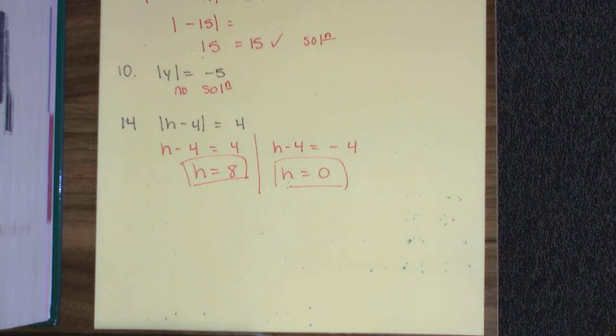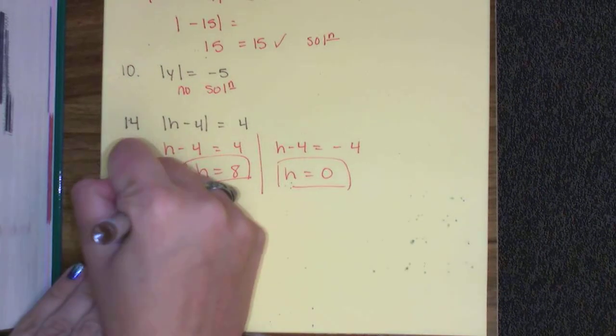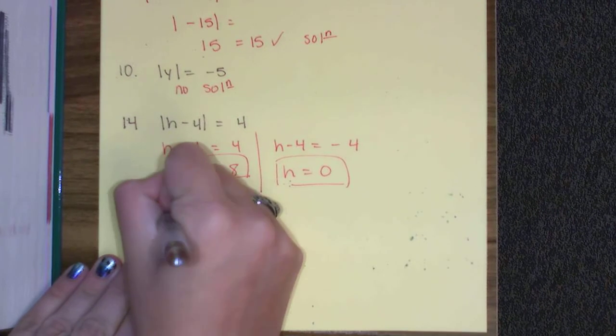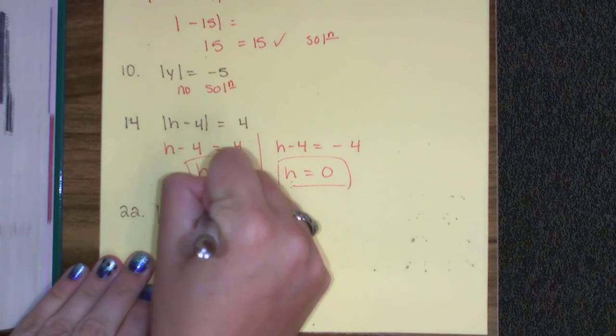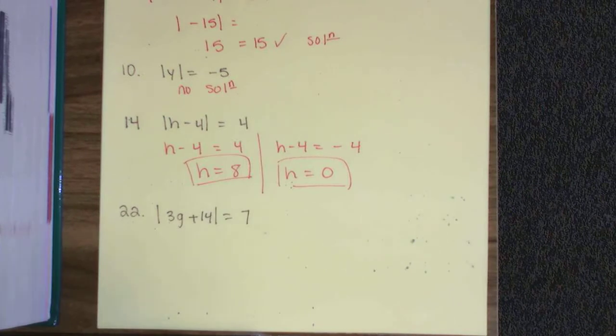The next one's still, like, 9 through 32 are literally all the same. They're just grouped in two different sections. So moving down, 22. 3g plus 14 is equal to 7.